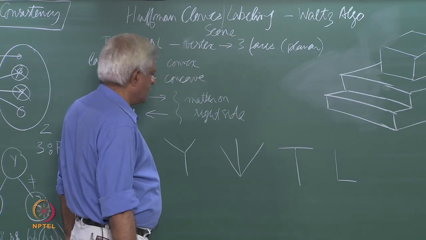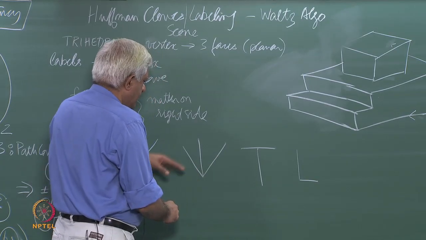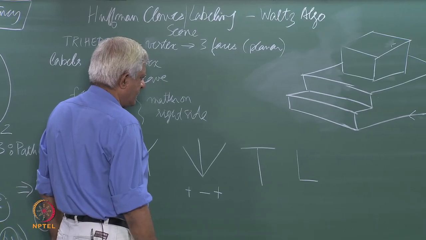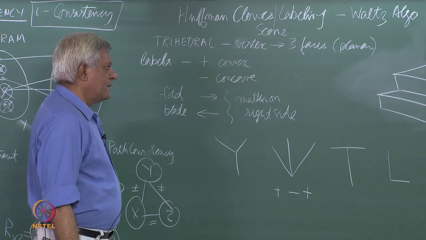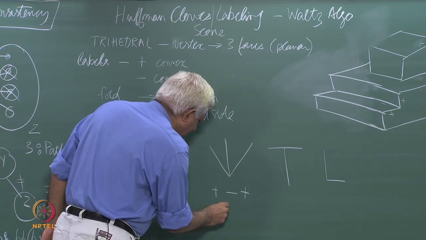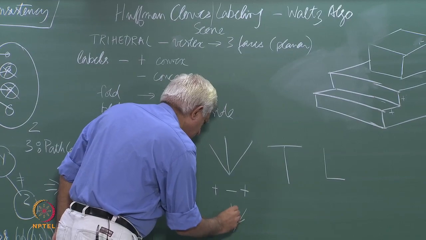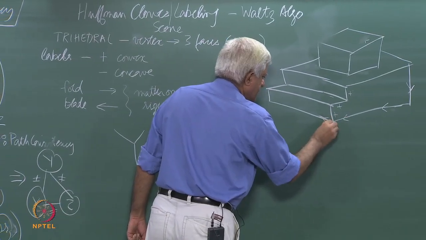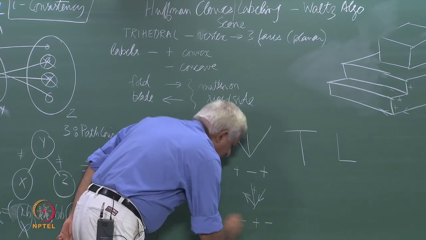So, let me take this example, this W vertex. I will label it from left to right. This can be minus, and this can be plus, and this can be plus. As you can see here, minus, plus and plus, that is one possibility, or it can be like this, as you can see here, this is plus, this is like this, this is like this, or it can be plus, minus, minus.